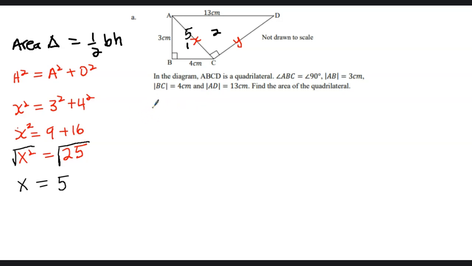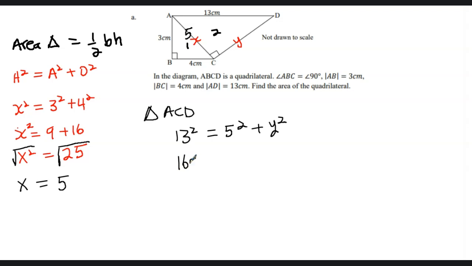So in triangle ACD, 13 squared, that's the hypotenuse, is equal to the 5 that we got squared plus Y squared. In exams, if you mess up finding the length X, whatever you do after will also be lost, so it's all linked together. Make sure you follow the procedure.